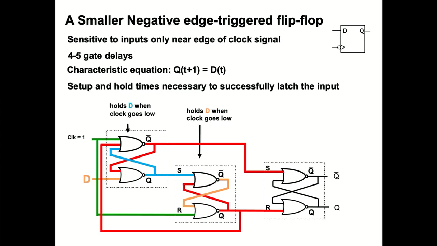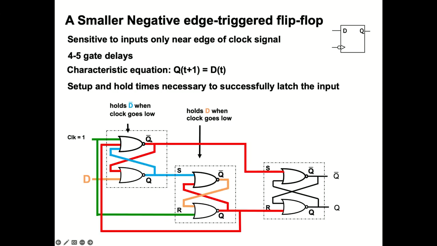Okay, so how does this work? This particular design is also a negative edge triggered flip-flop. And it basically has 3 RS latches here. What's going on here is this latch is holding the complement of D. So I've color-coded things here.